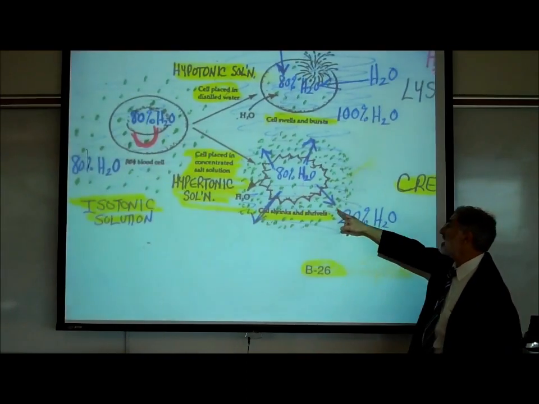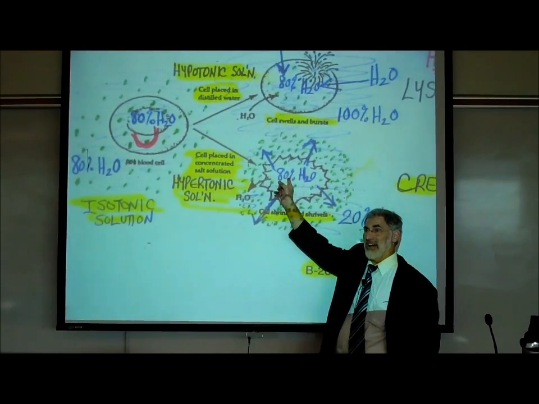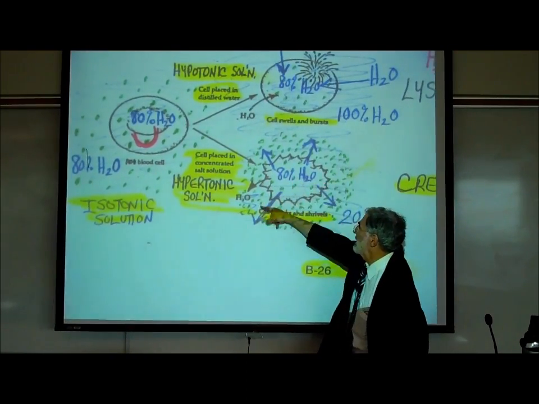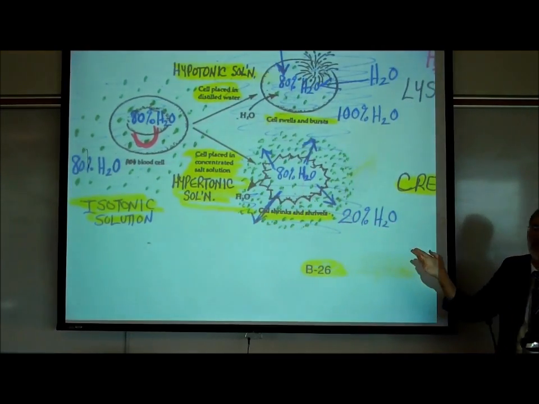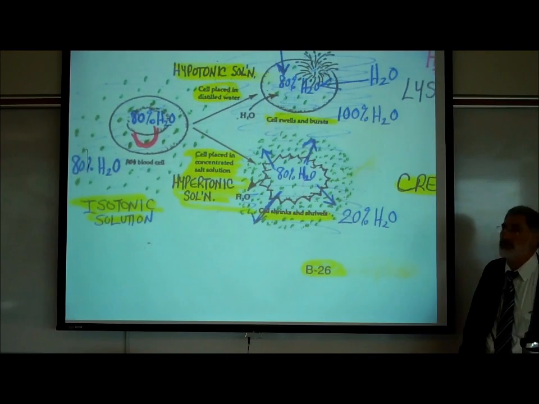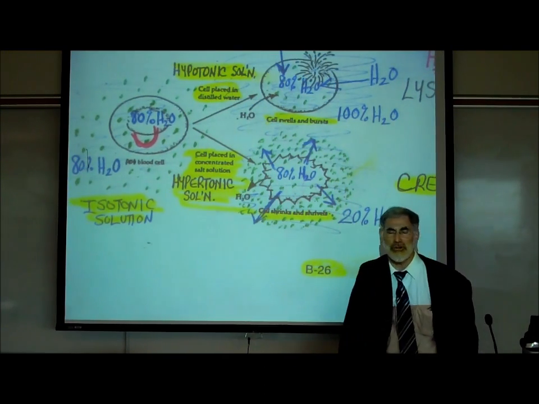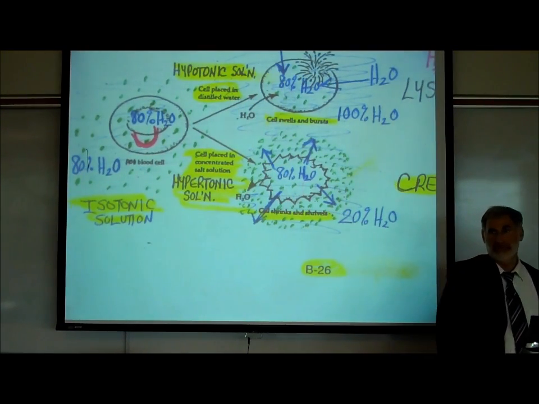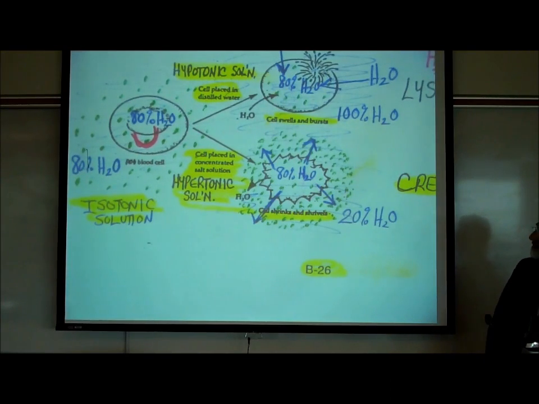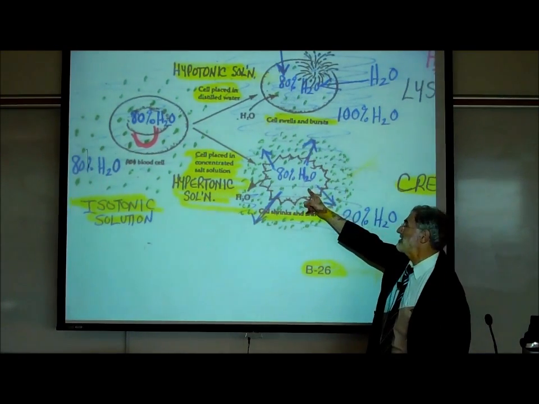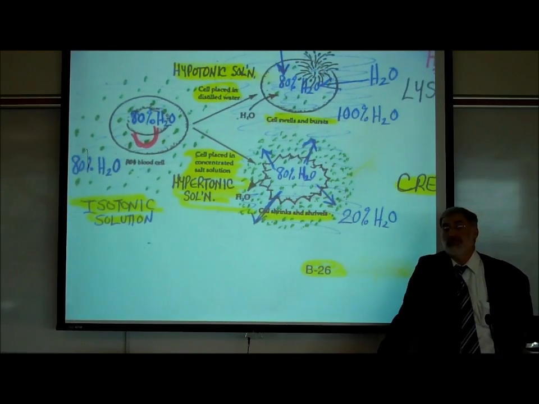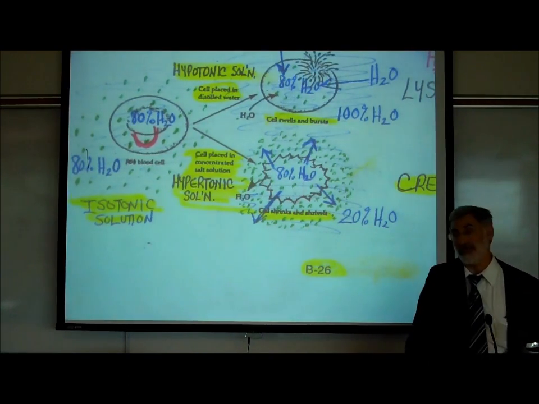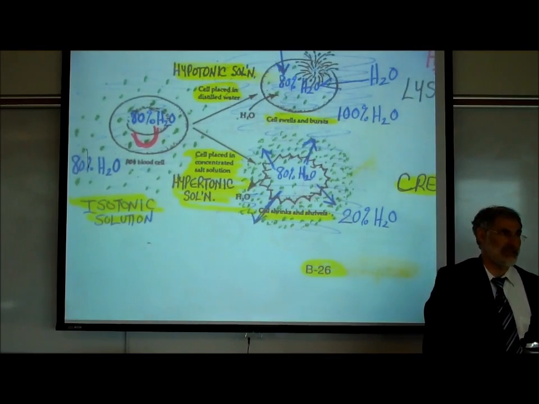Now, if this cell is 80% water on the inside, and now it's surrounded by a hypertonic fluid that's only 20% water, really high in salt, is there a concentration gradient for water? 80% water on the inside of the cell, 20% water on the outside. What's water going to do? Diffuse out. All chemicals flow from an area of higher to lower concentration.